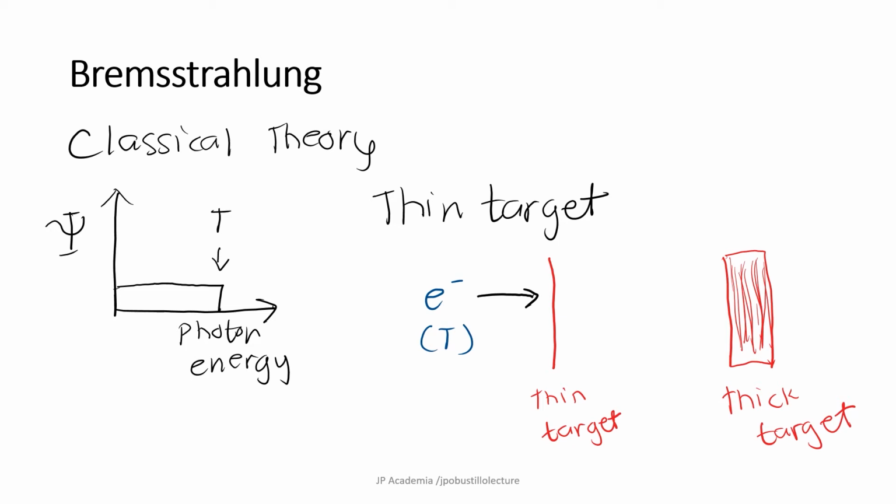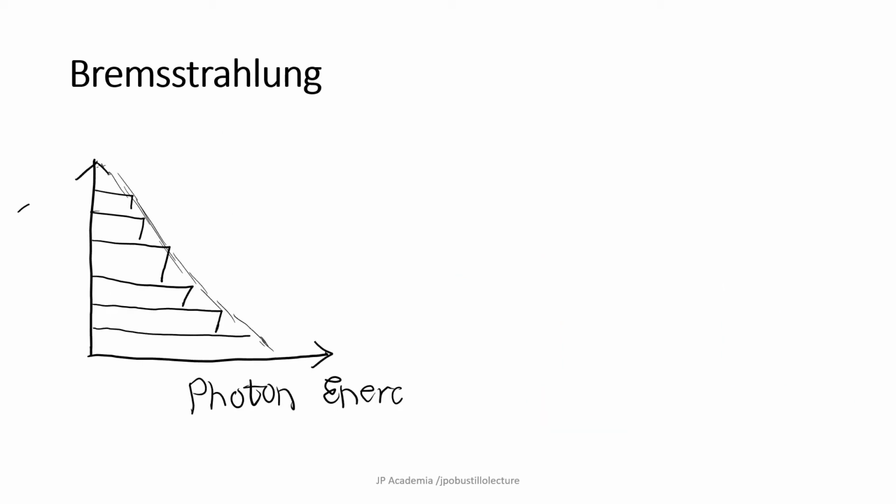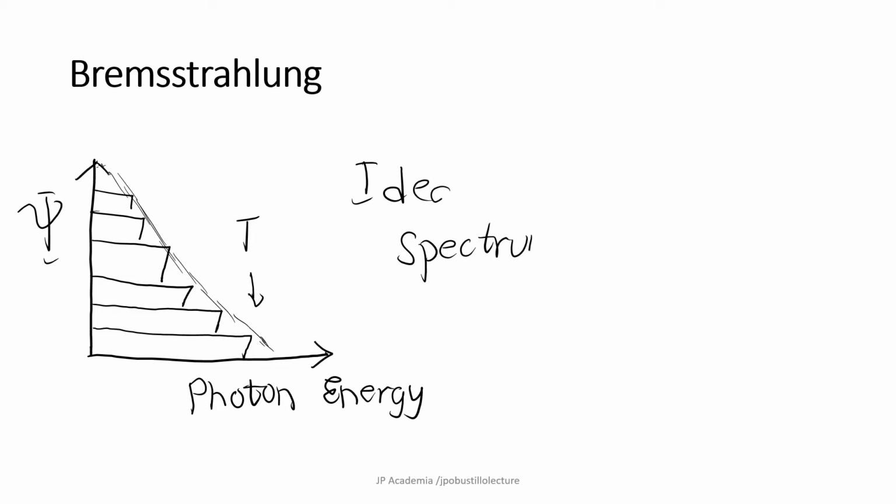So what will be our graph of the energy fluence against the photon energy? For a thick target, it will produce a Bremsstrahlung spectrum as shown, and this is a probability distribution of X-ray photons as a function of photon energy in kiloelectron volts.